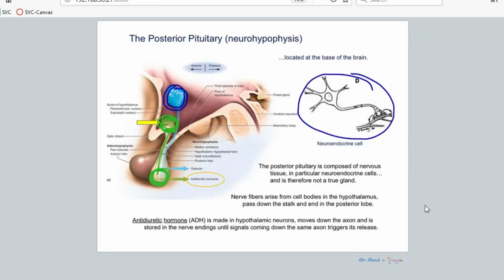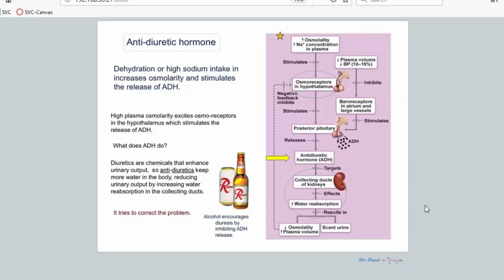And so when we need to release anti-diuretic hormone, it's ready to go, and it's just released from these axon terminals in the posterior pituitary. So this is the axis that has to do with anti-diuretic hormone here. And if we look at this diagram, we have the posterior pituitary that's releasing anti-diuretic hormone.